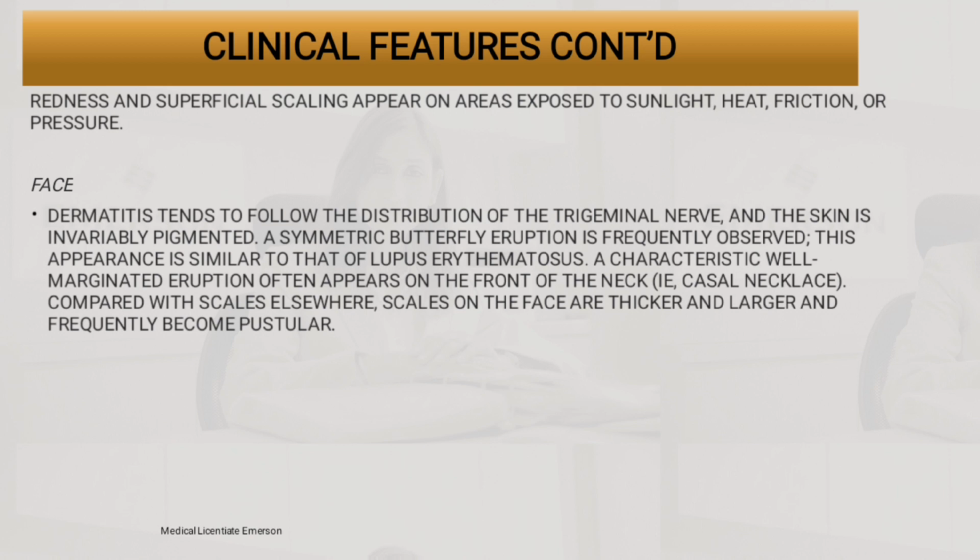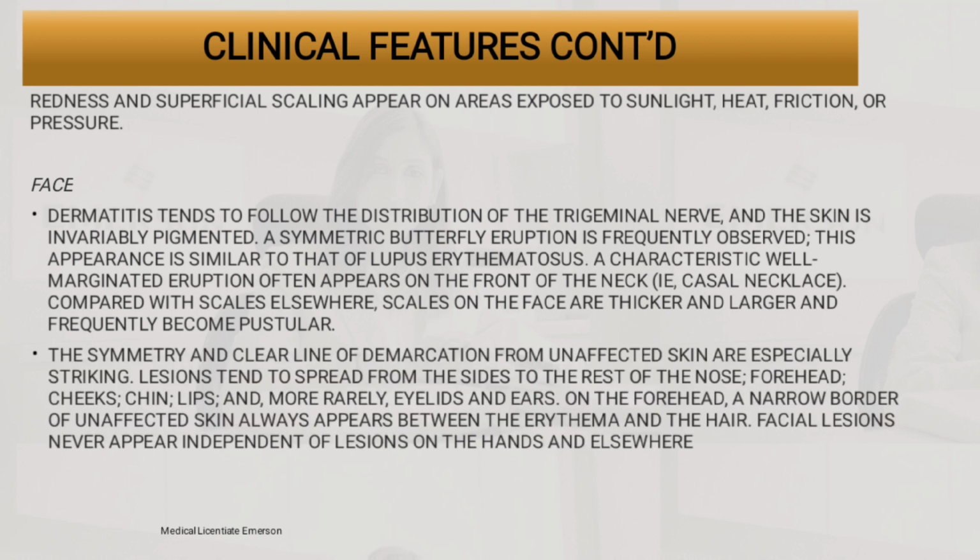A characteristic well-marginated eruption often appears on the front of the neck, that is Casal's necklace. Scales on the face are thicker and larger compared with the scales elsewhere, and frequently become pustular. The symmetry and clear line of demarcation from unaffected skin are especially striking.